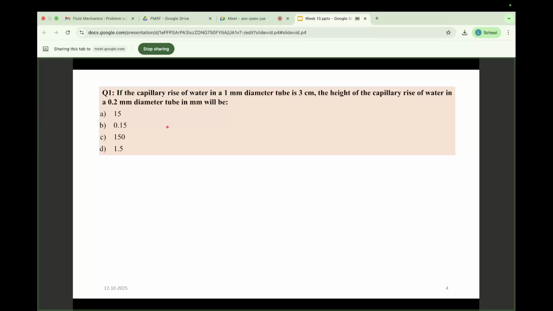First you need to know what is capillary rise. Why does capillary rise occur? It occurs because of the balance between the surface tension force and the weight of the liquid column inside a small diameter tube. Say this is a tube. You will observe a phenomenon where the liquid sticks with the surface along the glass, right?